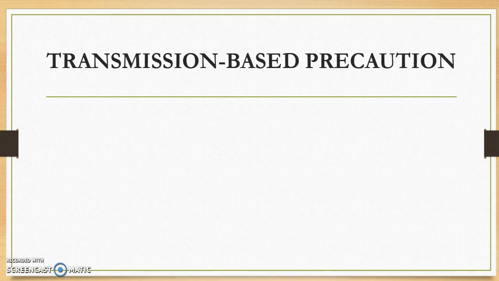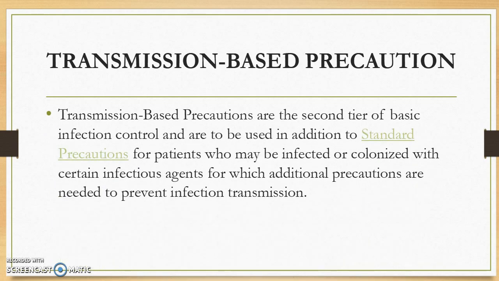And the transmission-based precautions. Transmission-based precautions are the second tier of basic infection control and are to be used in addition to standard precautions for patients who may be infected or colonized with certain infectious agents for which additional precautions are needed to prevent infection transmission.